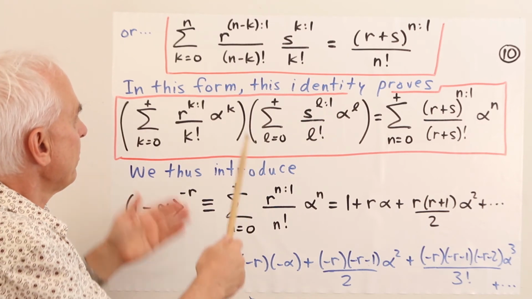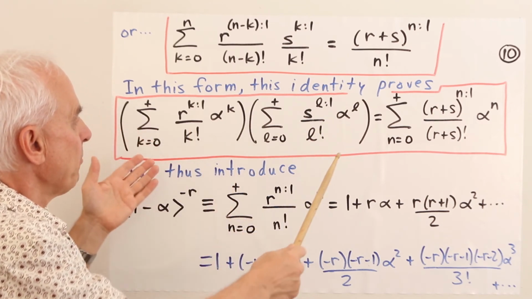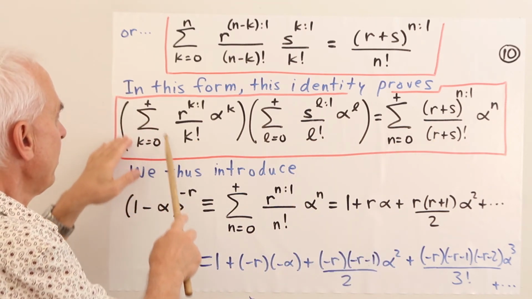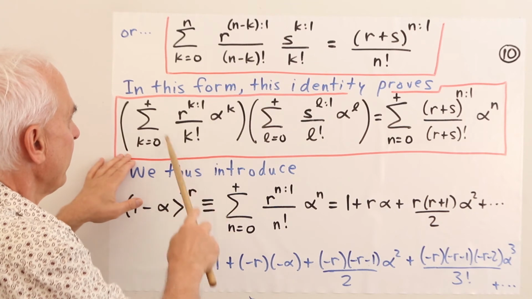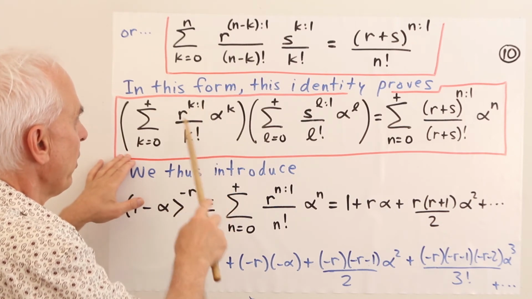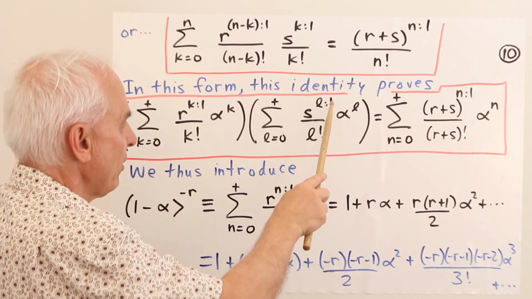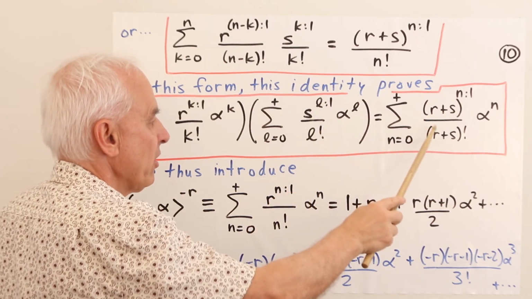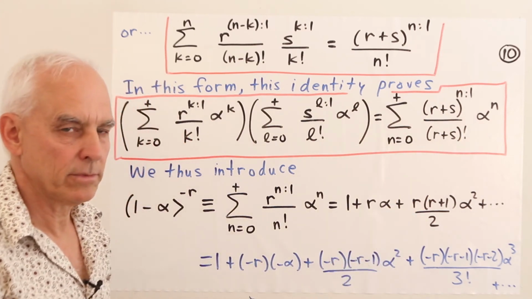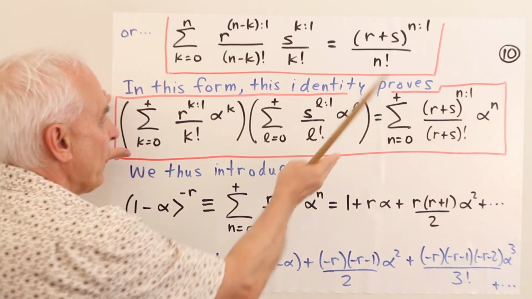So the identity that we're proving is this identity here, which has a sum of alpha to the k's with r to the k colon 1 over k factorial, and over here s to the l colon 1 over l factorial, and over here r plus s to the n colon 1 over n factorial.